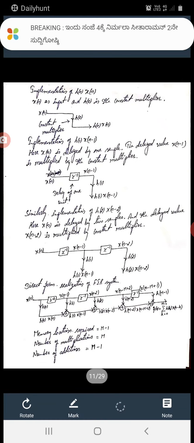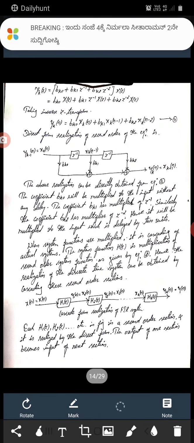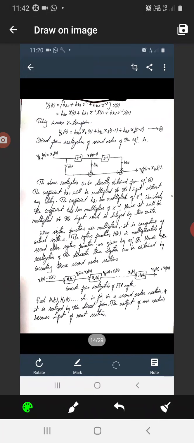Next, if I go to the cascade form, observe here we have to remember what the equation is for. The given equation is represented in terms of y_k of n, with coefficients b_k0 x of n, b_k1, b_k2, depending on how many are given. Here the x_k of n is taken, the coefficients are represented, the delay functions are represented, and you get the output.